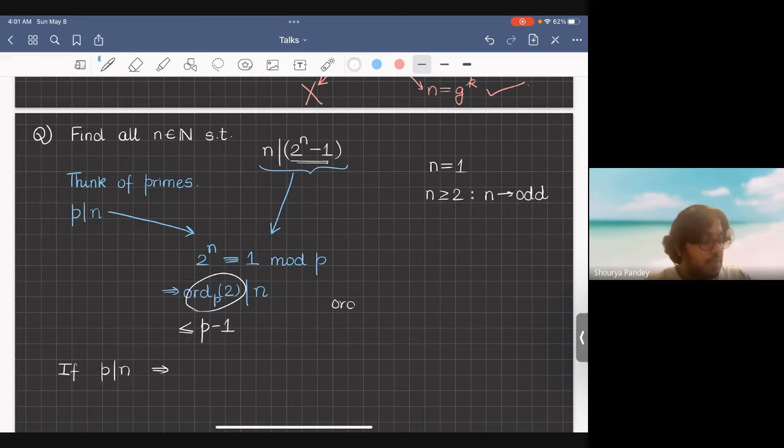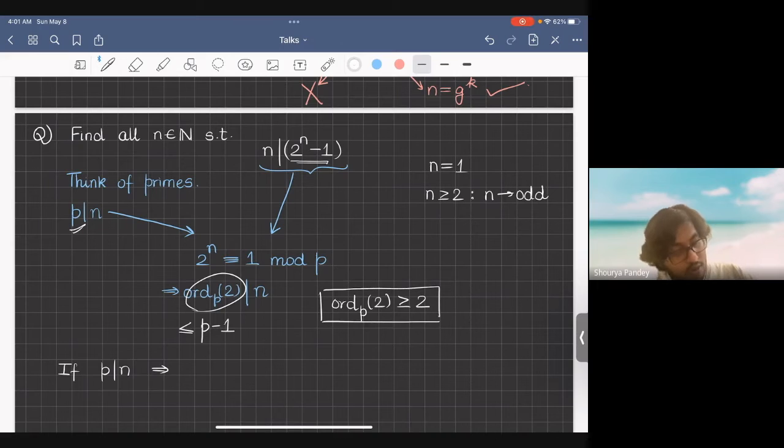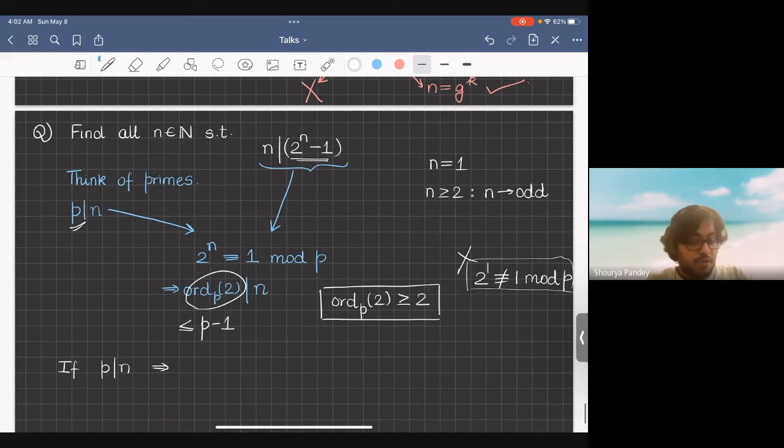And so this prime p is odd, and so the order of 2 with respect to p must be at least 2, because it can't be 1. 2 to the 1 cannot be congruent to 1 mod p. This is absurd, because that means p is a factor of 1. So this order is at least 2.